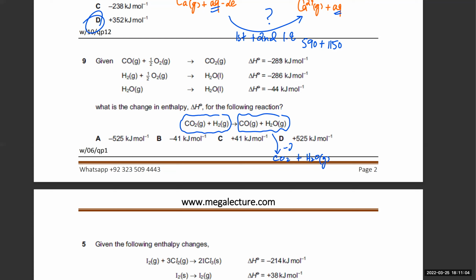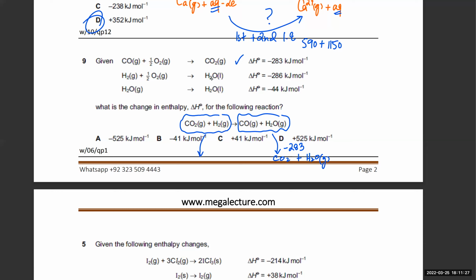Is that clear? Yes, sir. So CO turns into CO2. So that's fine. And what else? So this is, I've already connected this one. They're telling me that H2 changes into H2O liquid. So I've got H2 gas over here. So they're saying that it turns into H2O liquid.